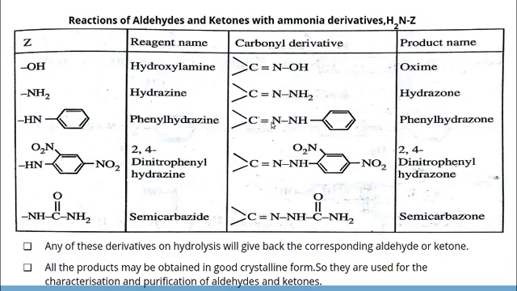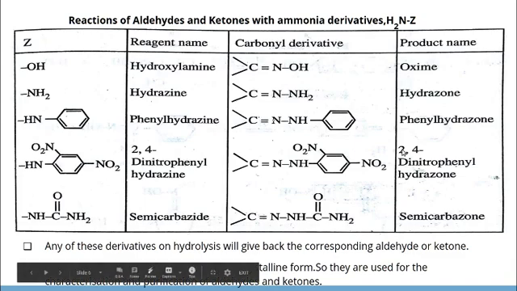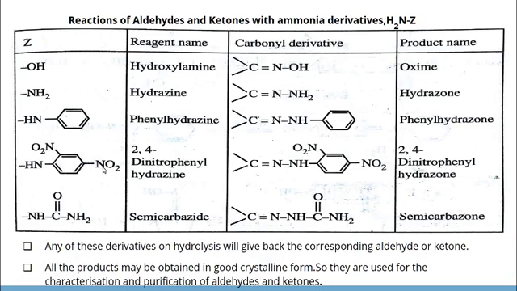On treating with a carbonyl compound, we will get a derivative like this, called phenyl hydrazone. Then another ammonia derivative is 2,4-dinitrophenyl hydrazine. That means on the phenyl ring there are two nitro groups. On treating with a carbonyl compound, we will get a derivative, dinitrophenyl hydrazone.